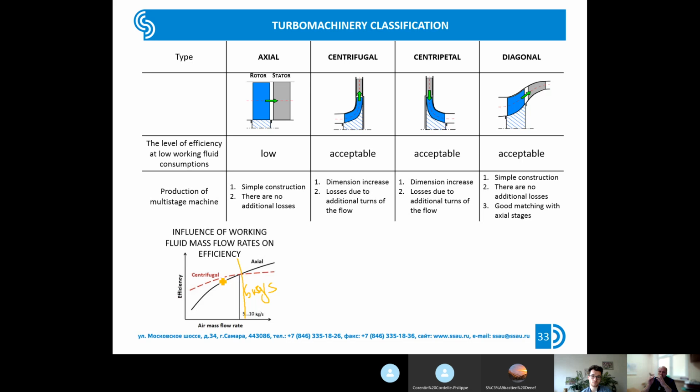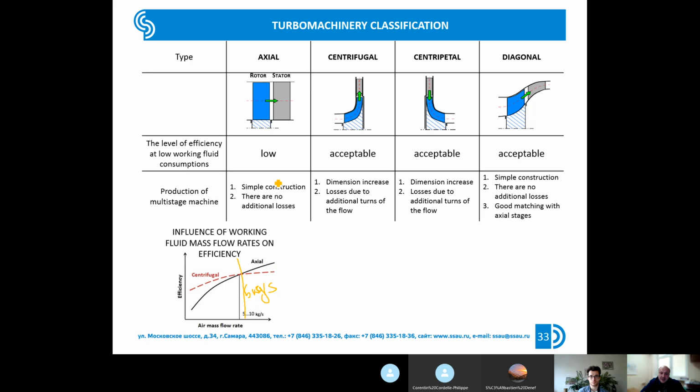So what does it mean? At low mass flow rates, the axial compressor will have poor efficiency relative to the centrifugal stage. In the region of high mass flow rate, axial turbomachinery will have the advantage. So it's the first idea.